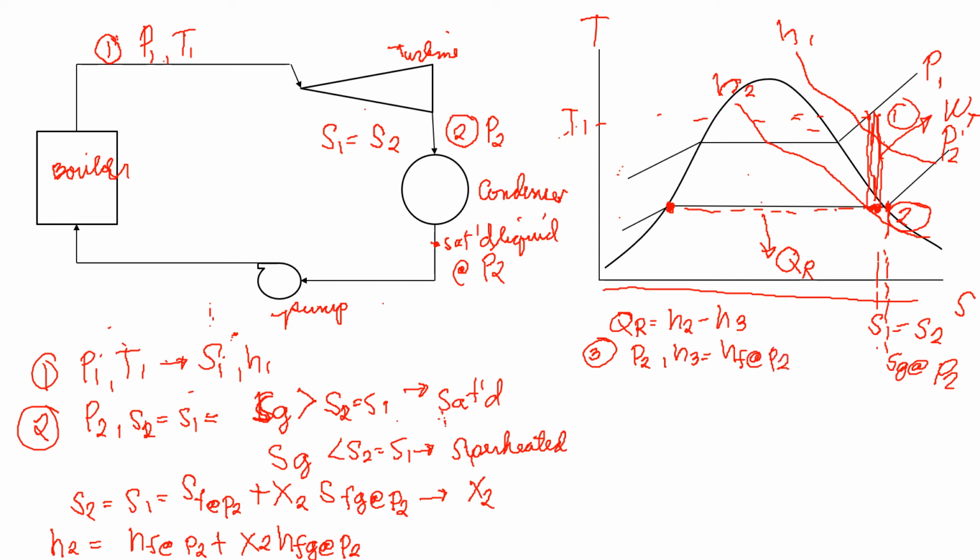And we need to find also the specific volume. We have V3 is equal to Vf at pressure 2. Okay? We will use this specific volume to find the work of the pump.